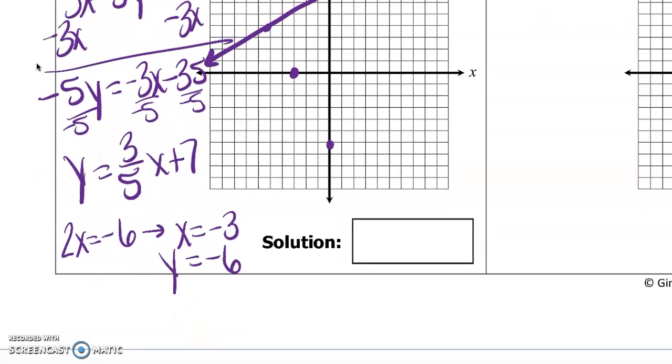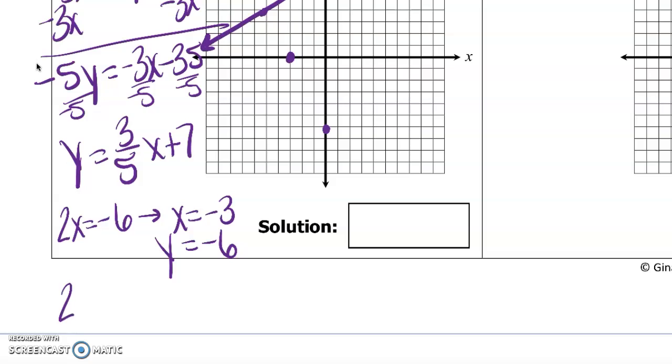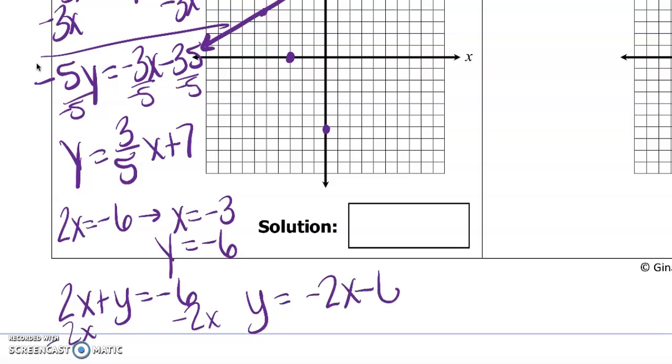All right, you also could solve that one for y. That would be an easy one to solve for y. You would just subtract the 2x, giving me y equals negative 2x minus 6.